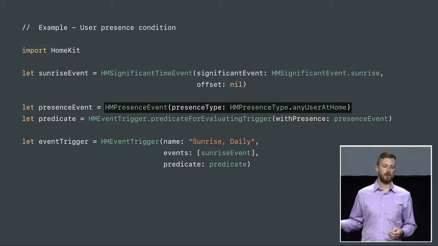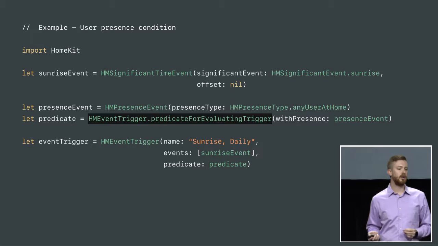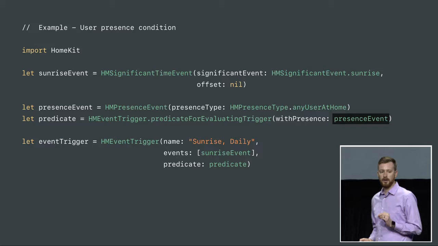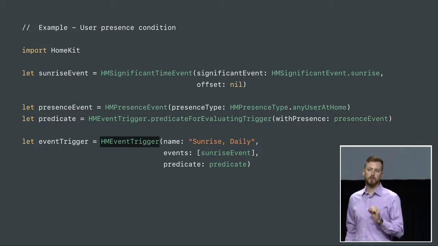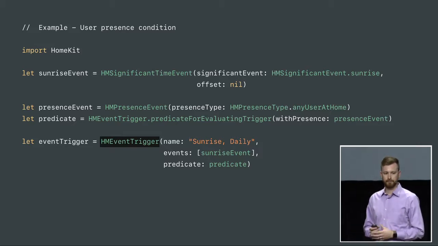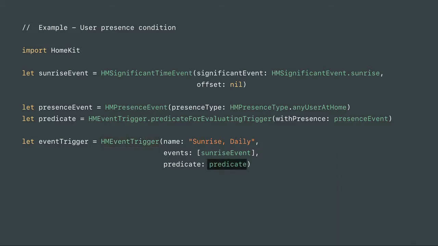We then create our condition via HMEventTrigger predicateForEvaluatingTriggerWithPresence, and we specify our presence event. And then we create our HMEventTrigger. Now this time, we're going to specify our condition as the predicate for the event trigger. And now we have just created an event trigger which will fire every day at sunrise, but will only execute the associated scenes when there is a user at home.